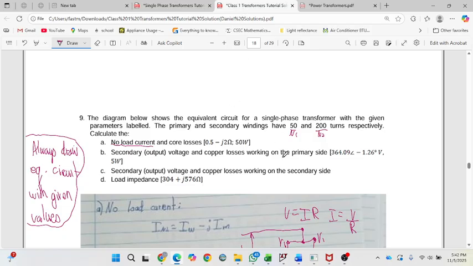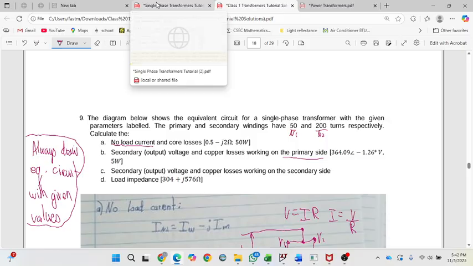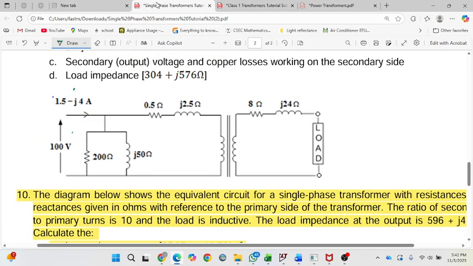The question tells you what side to work on: the primary side. So if you work on the primary side, you have to refer all the secondary stuff onto the primary side, add it up, and get one lumped REQ and JXEQ. That's what they're trying to tell you. In the question, you have to carry the 8 and the J24 across to the primary side. When I carry the 8, it will be 8 multiplied by N1 over N2, all squared.